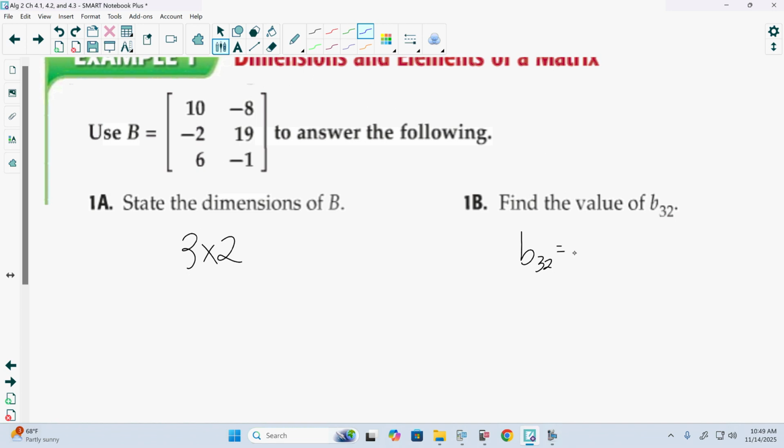Now, element b32, so to find it, we would go to the third row, second column, which would be -1. Because we go down the third row, over to the second column, it tells us it's -1.